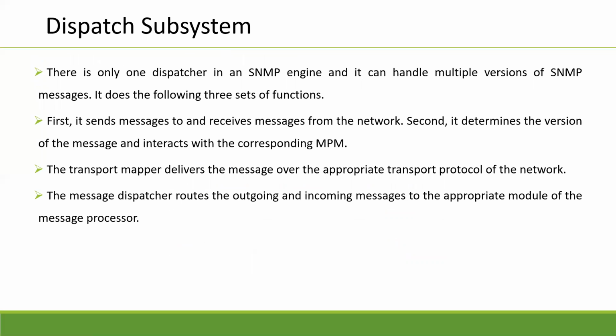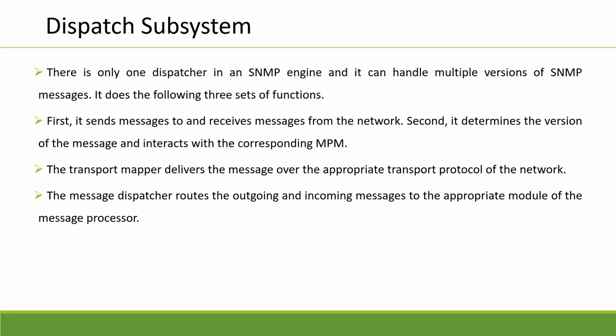Then the dispatch subsystem. Under this heading, there is only one dispatcher in an SNMP engine, and it can handle multiple versions of SNMP messages. It does the following three sets of functions. The first function: it sends and receives messages from the network.